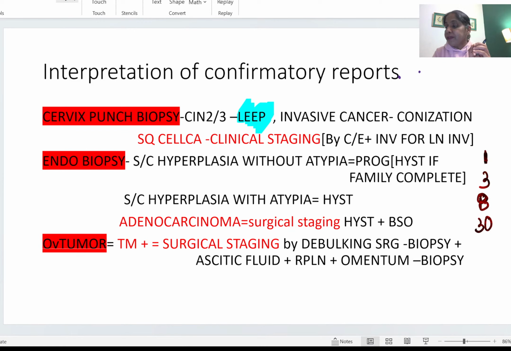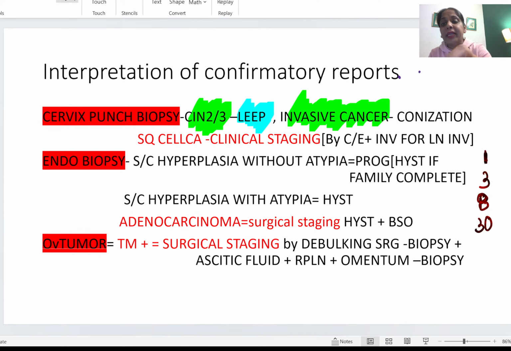Now if the report says invasive cancer, it means that the dysplasia has penetrated the basement membrane.